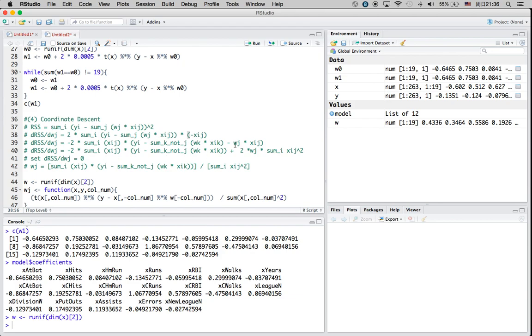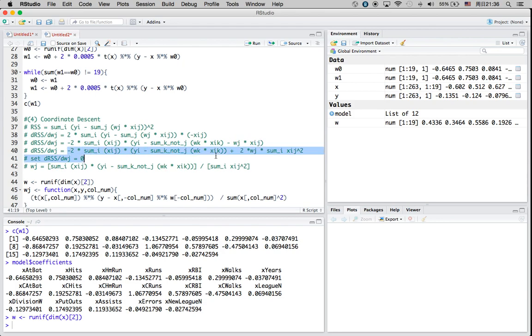And then I'm also going to bring out this -2 sum of i to n for xij, and use this multiplied by this part, and then minus again this part multiplied by this.